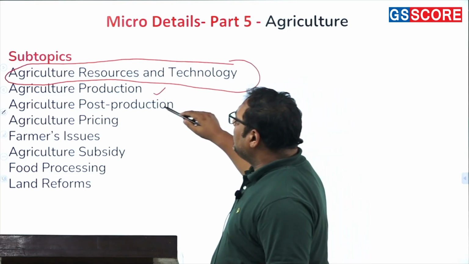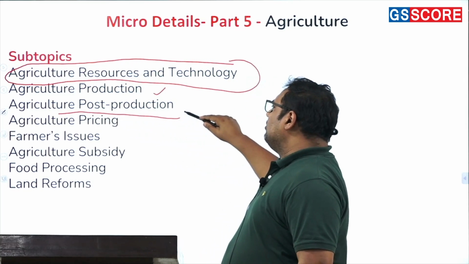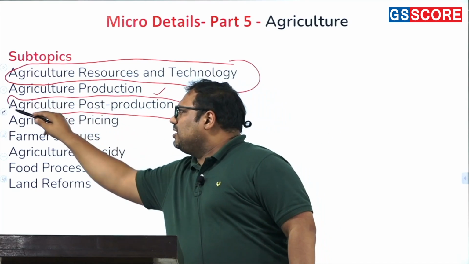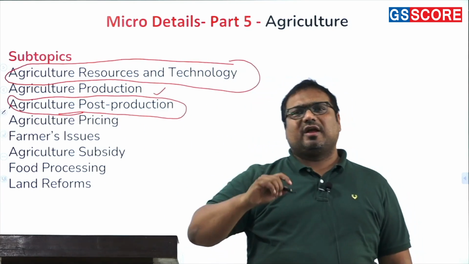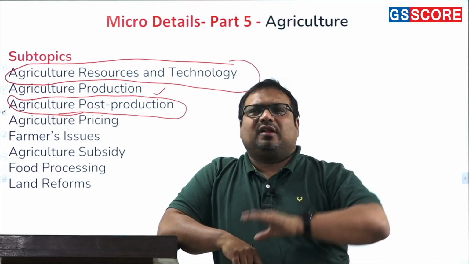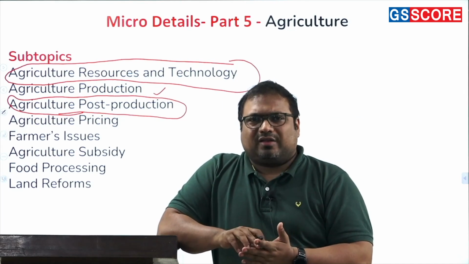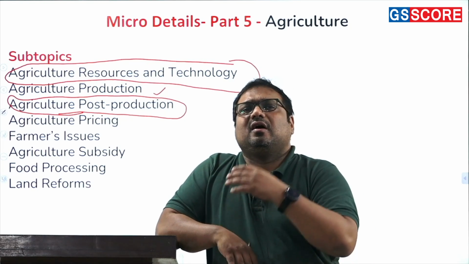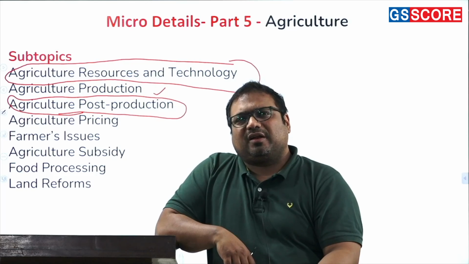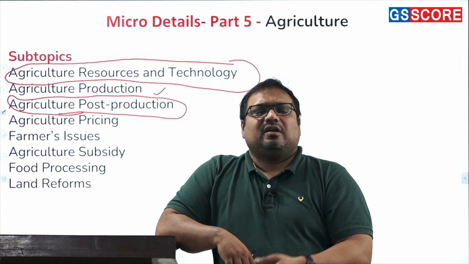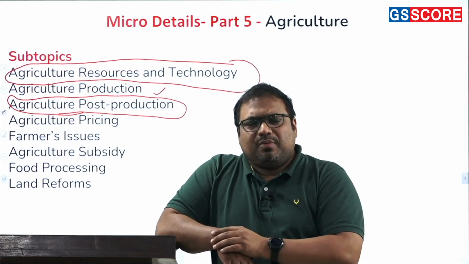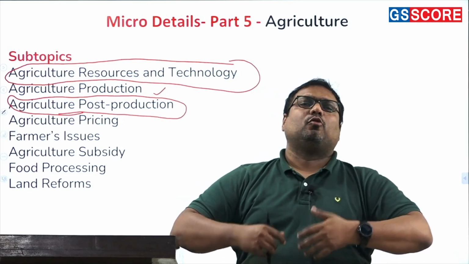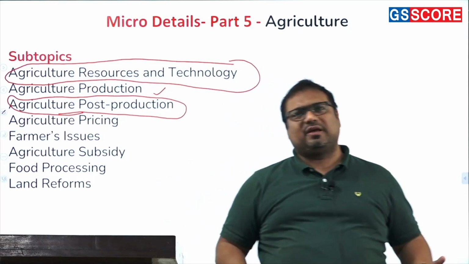Then we come to agriculture post-production, which is hardcore economics. Once the farmer has produced the crop, how are they going to package it, transport it to the market, and sell it in the market, at what price? In this, the mandi system or the APMC will come into the picture, then the Food Corporation of India, then the MSP concept.